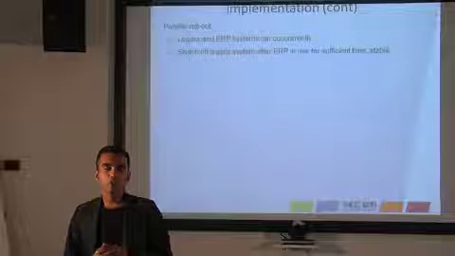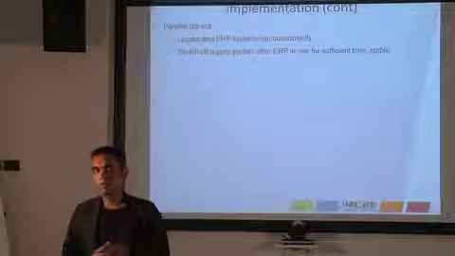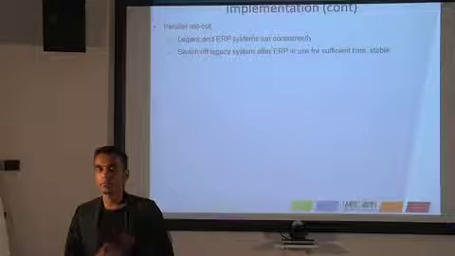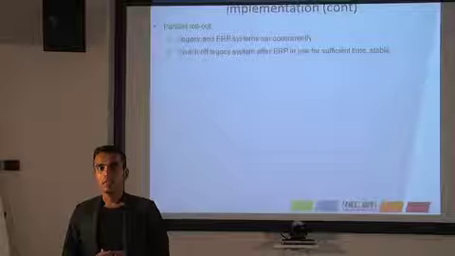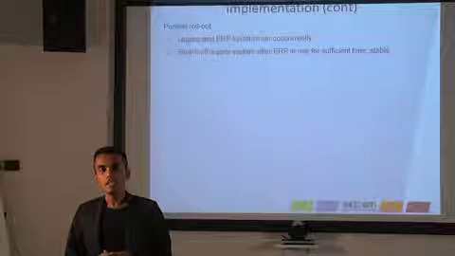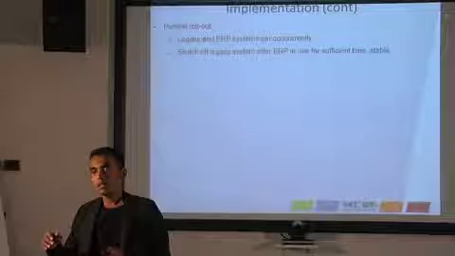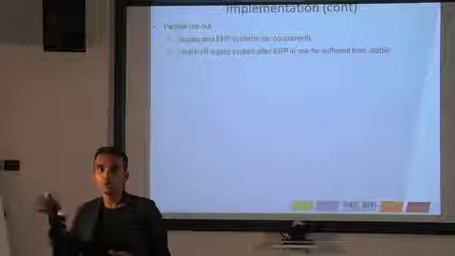The next approach for rollout is the parallel approach. It is almost similar to the phase approach with one big difference. The big difference is that in the phase approach, the legacy system was shut down phase by phase or module by module.